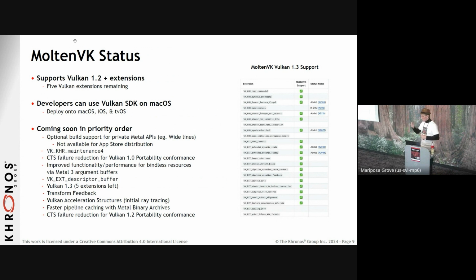If you'd like to help out with acceleration structures, please come and help. The list here for MoltenVK Vulkan 1.3 support, we've got about 5 extensions to go. So if anybody really wants to come along and implement tooling info or something like that, please join the fray.